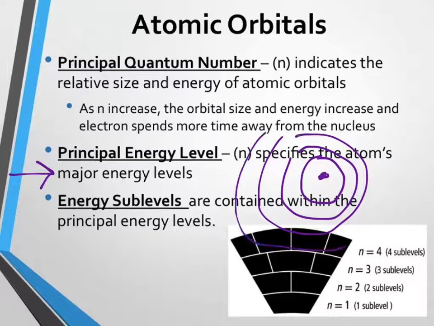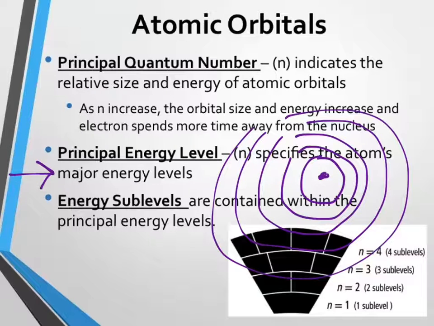There are 7 of them, 1, 2, 3, 4, 5, up to 7. Or you call them shells. There are 7 shells. Yes, all atoms only have 7 shells. All atoms are the same.